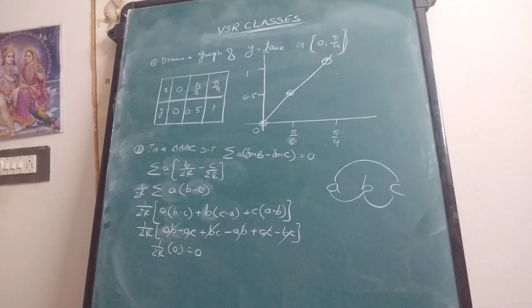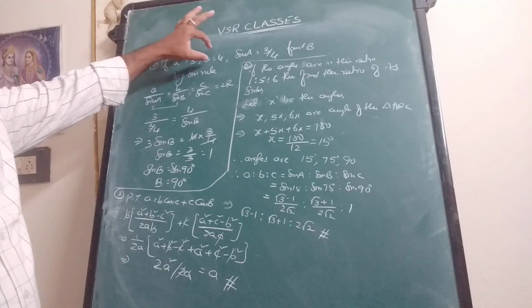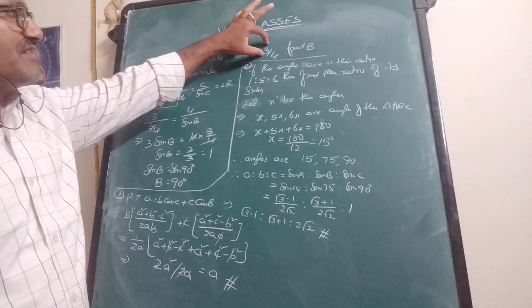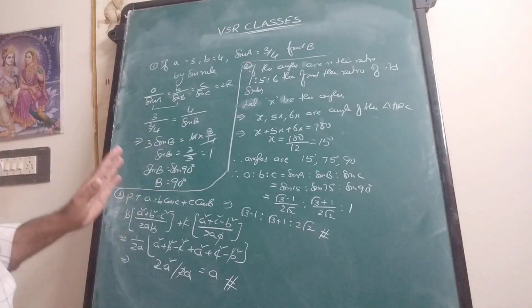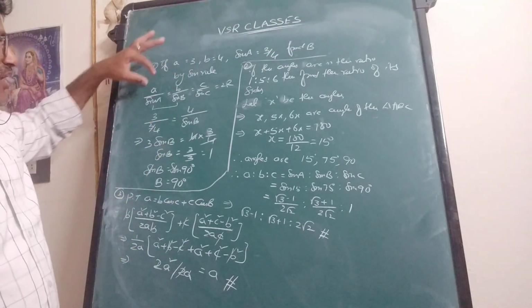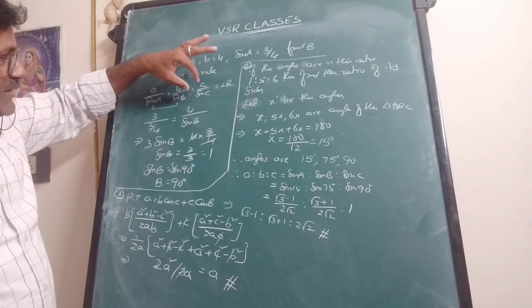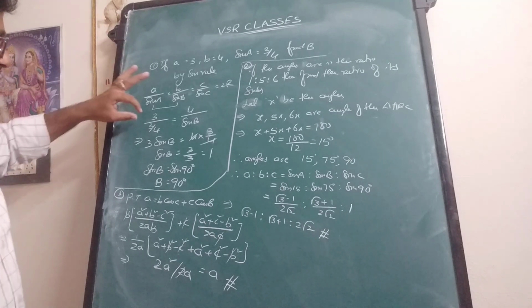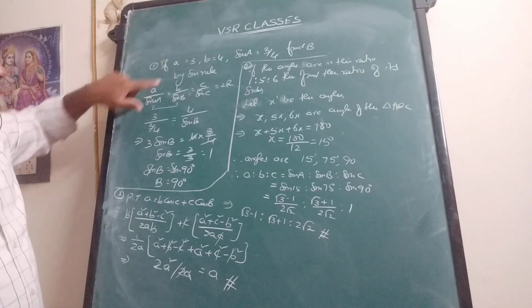Now listen children. If a is equal to 3 and b is equal to 4 and sin A is given as 3 by 4, find B. He is asking for angle B. Okay. By the sine rule we have a by sin A is equal to b by sin B is equal to c by sin C is equal to 2R. And the values are already given, sin A value is 3 by 4.